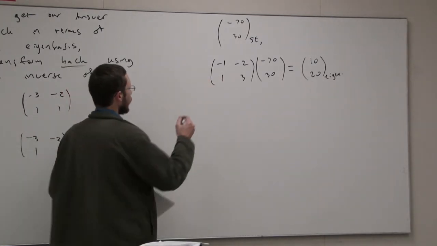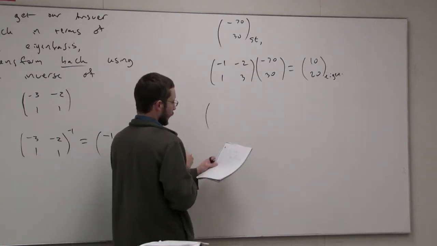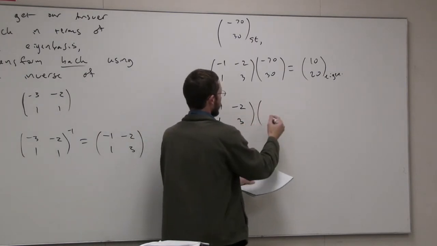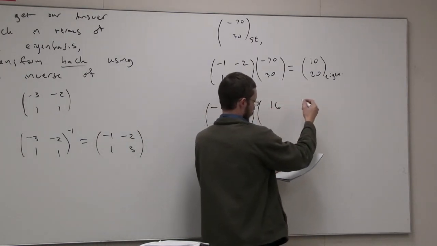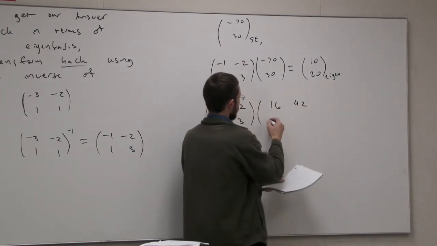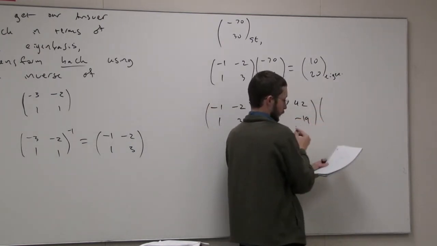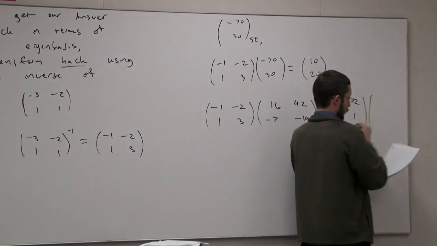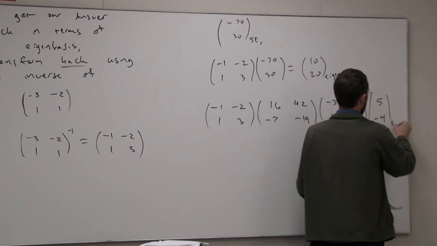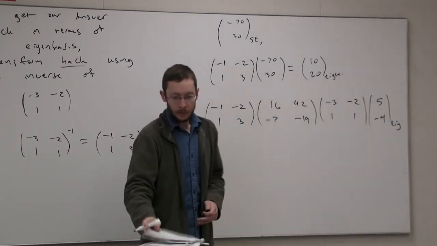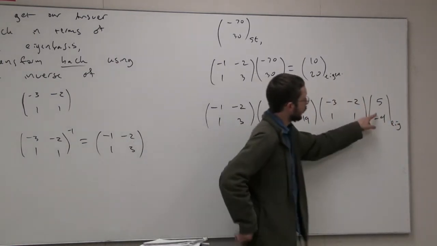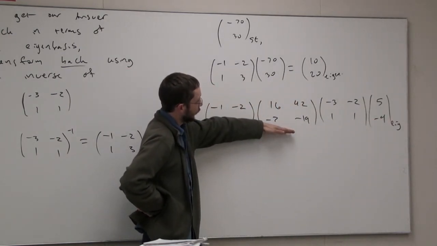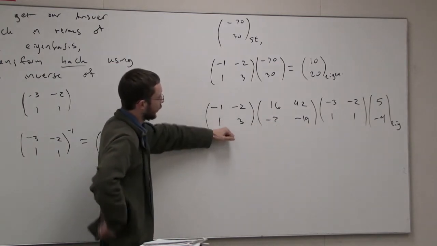So to do it all at once, we have our vector written in terms of the eigenbasis, transform it to the standard, operate on it with this matrix written in terms of the standard coordinates, and then transform back.